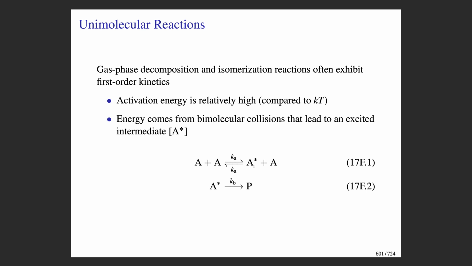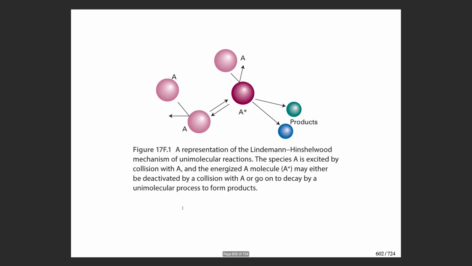That excited molecule can either collide with another molecule and go back to the unexcited reactants, so this would be the excitation step and then the de-excitation, or the excited molecule can then fall apart into the products with a separate rate constant. Okay, so we have these two primary steps, or three primary steps, depending on how you want to count them. Here's just a diagram of that process.